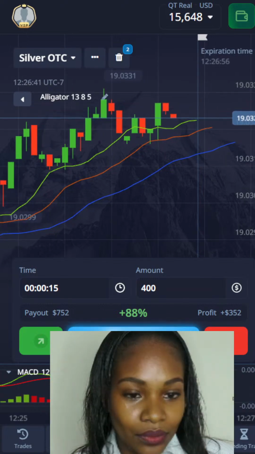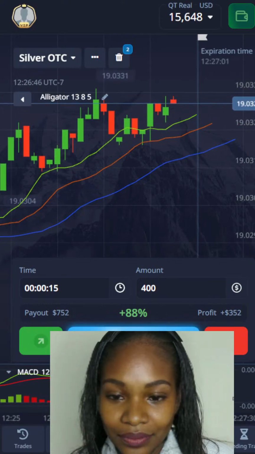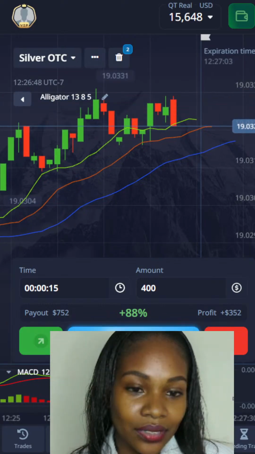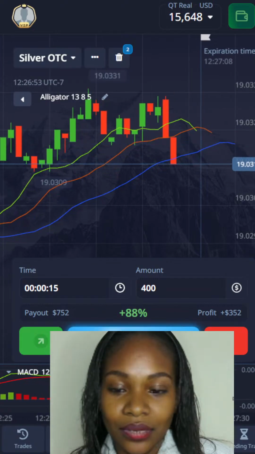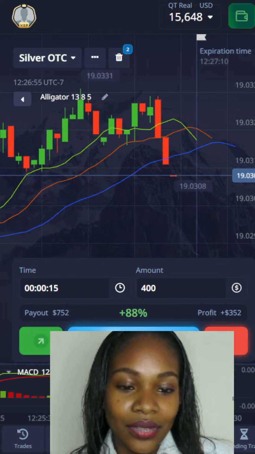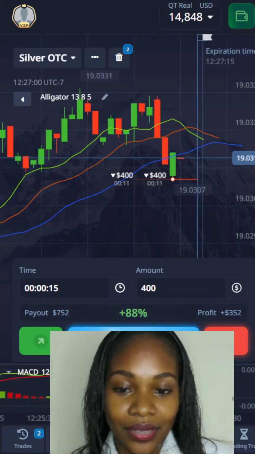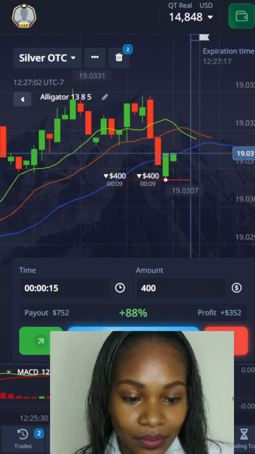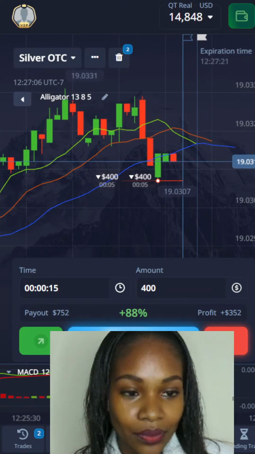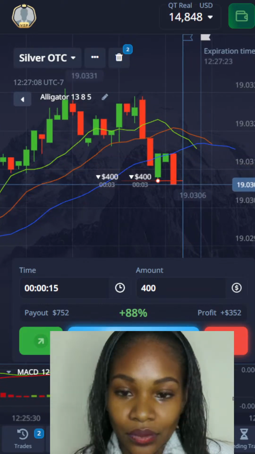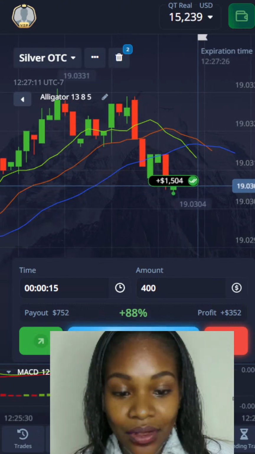Okay, so as I was saying, we also have the candlestick patterns, and you and I have to learn and understand how these different candlesticks behave. How do they behave? We have the different candles that we look out for.